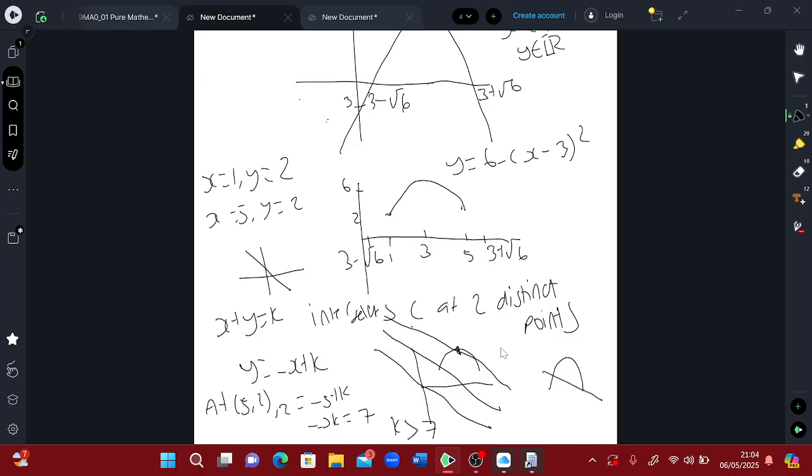But then, obviously, when we keep shifting, it's going to get to a point eventually where it only intersects once at a point like this, and everything above that value, it's not going to hit at all. So actually, we need to look at the upper value of k as well. If we shift it too high, then it won't hit the curve at all. We need to work out what value of k intersects with this point. So we've got the lower limit of k, but there's going to be an upper limit as well.